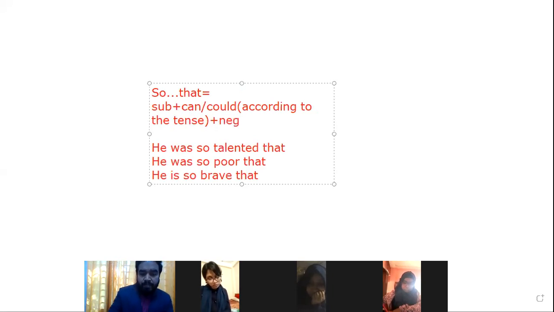Negative, affirmative, according to the sentence structure. If you feel the need, write negative; if you don't feel the need, you can also write the sentence affirmative. Plus verb 1, time runs so fast. Verb 1 plus object. So this is the structure you need to follow.